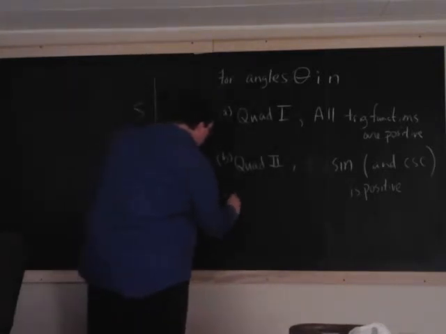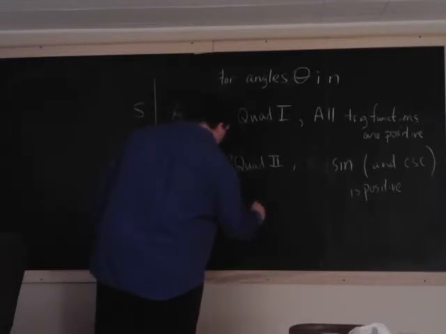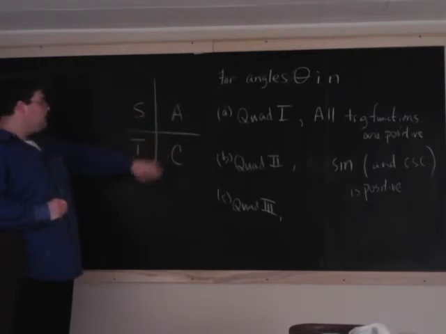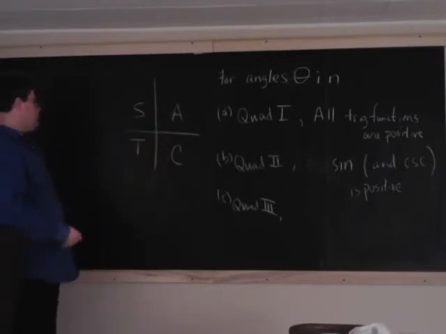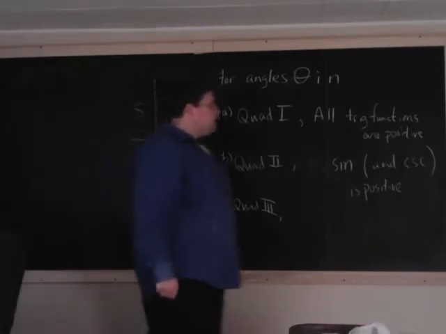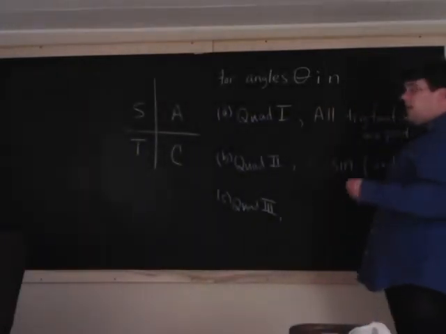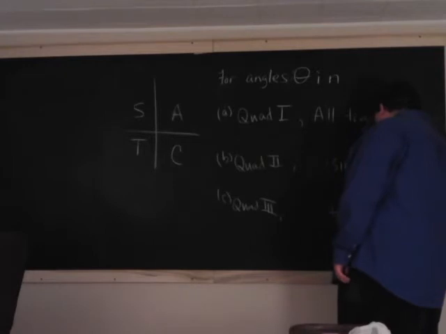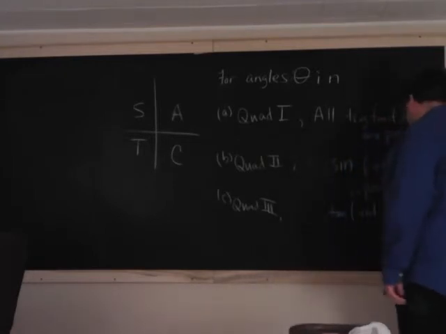Similarly, in quadrant 3, there's a second way of remembering: all students take calculus. I remembered it from trig. So T, either take or trig, depending on which mnemonic you use, means tangent is positive in quadrant 3. If tangent is positive, then cotangent is also positive.